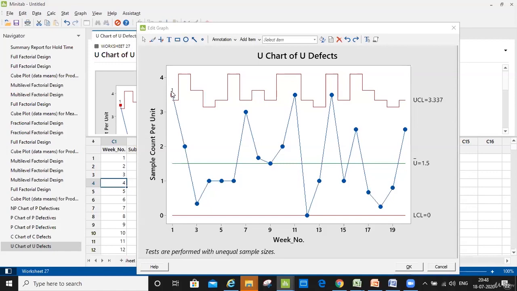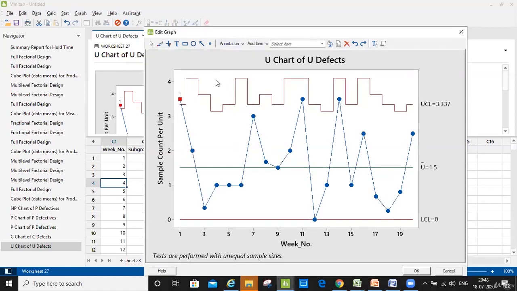And that's the reason you see this line. When we were using the C chart or the NP chart, then you would find this line as constant. It is because of the subgroup size. That's the reason you would see this line going up and down.